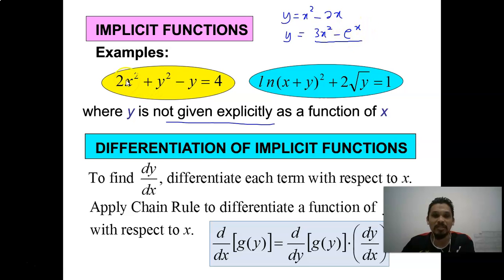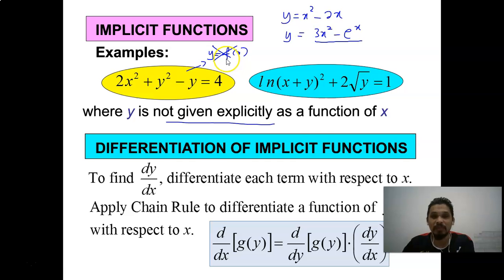But for this case, 2x squared plus y squared minus y equal to 4, we cannot form this in the form of y equal to f(x). No, because we have y squared and minus y. So how are we going to form this in the form of y equal to f(x)?